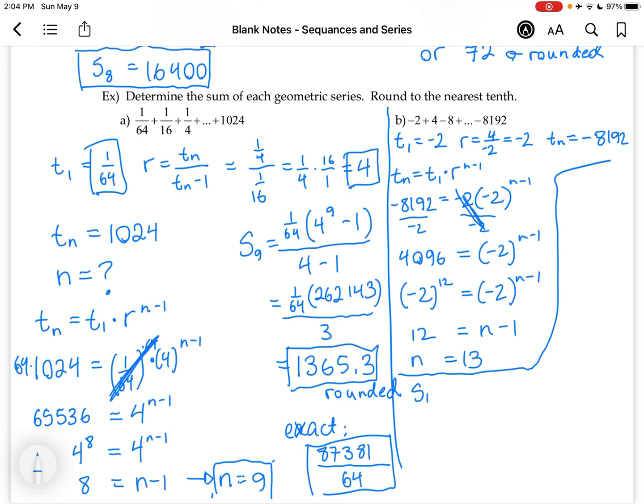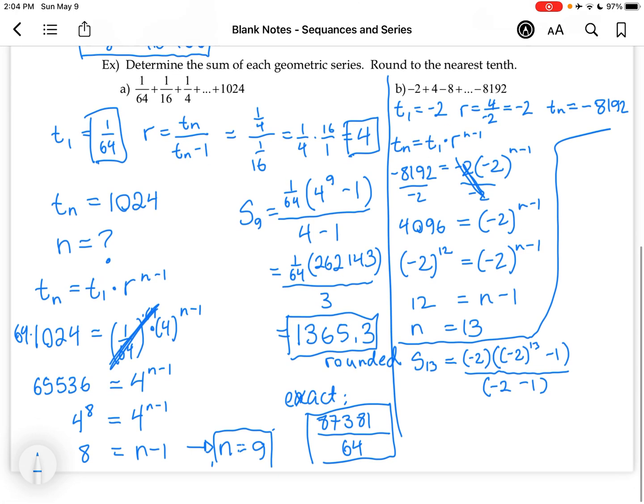So S13 is going to be T1, which is -2, times R, which is -2 to the 13 minus 1, over R minus 1.